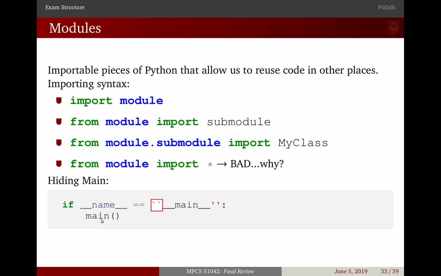If not, then it's going to completely ignore this. So oftentimes, if you have a script, you can still use a lot of the functionality there, the classes, the functions, what have you, and import that as a module, as long as you contain all of the main execution inside of a main function or some function that you call underneath this block. So it can serve a dual purpose, which is nice.